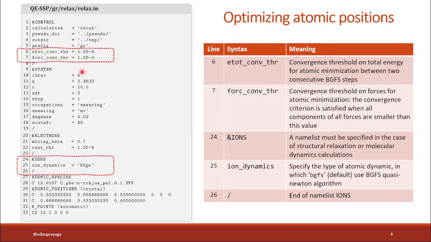In this input file, the calculation of optimizing atomic position can be performed by selecting calculation relax in the namelist control.